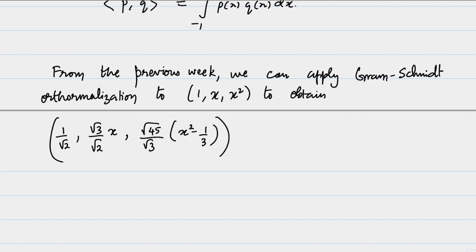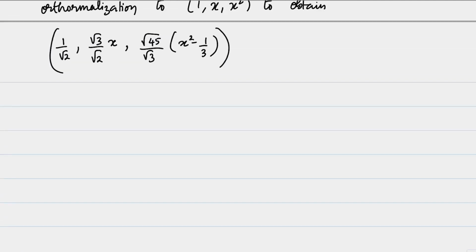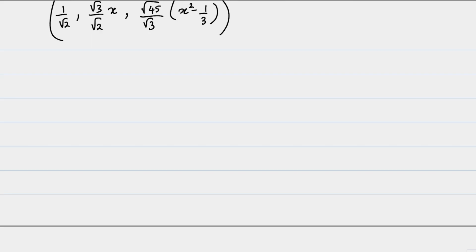So this is the orthonormal basis that we obtain by applying Gram-Schmidt orthonormalization. So now what is the vector W with respect to which, if you look at the inner product, it will give us the evaluation map. So we know what the procedure is.